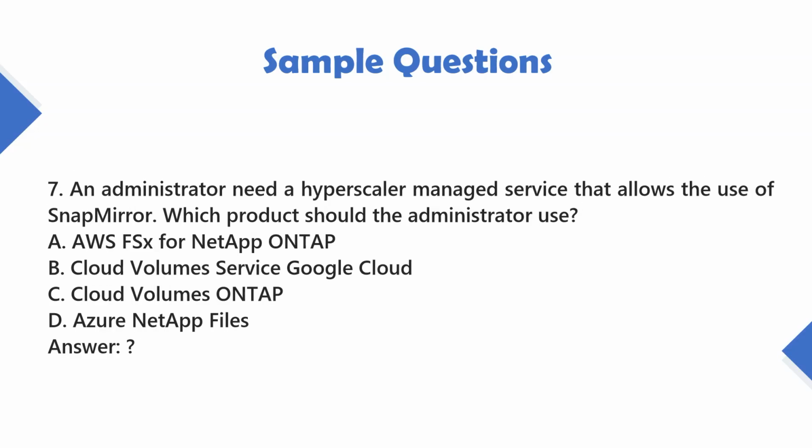7. An administrator needs a hyperscaler managed service that allows the use of SnapMirror. Which product should the administrator use? A. AWS FSx for NetApp ONTAP. B. Cloud Volumes Service Google Cloud. C. Cloud Volumes ONTAP. D. Azure NetApp Files. 8.